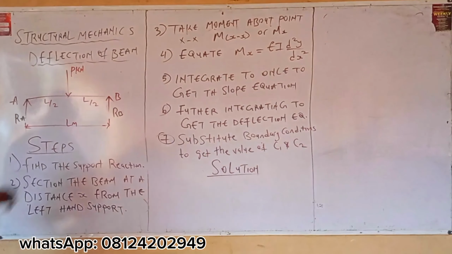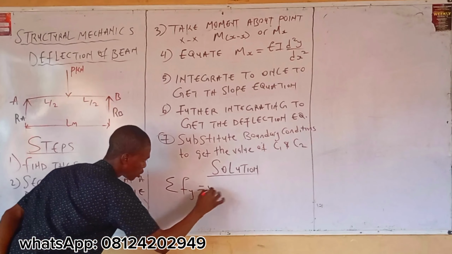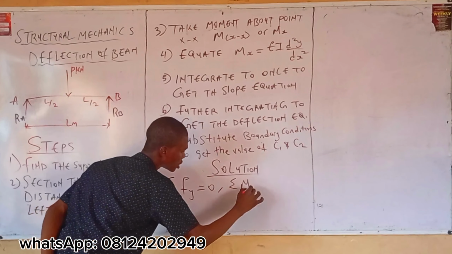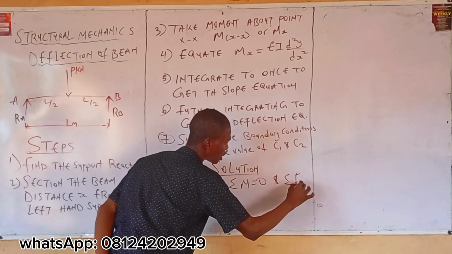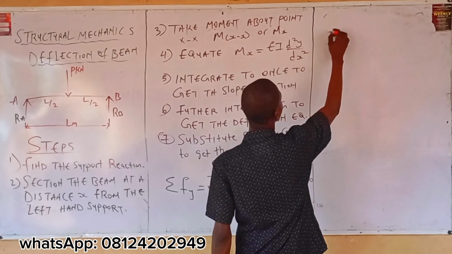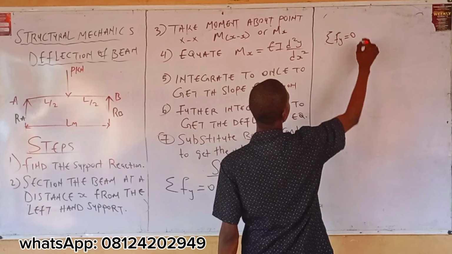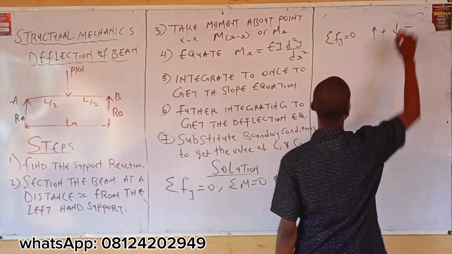When you are calculating the support reaction, what are the steps? Consider the conditions of equilibrium: summation of Fy equals 0, summation of moment about any point equals 0, and summation of Fx equals 0. Let's consider the first one. Summation of vertical forces equals 0. Force of this nature is positive, force of this nature is negative.